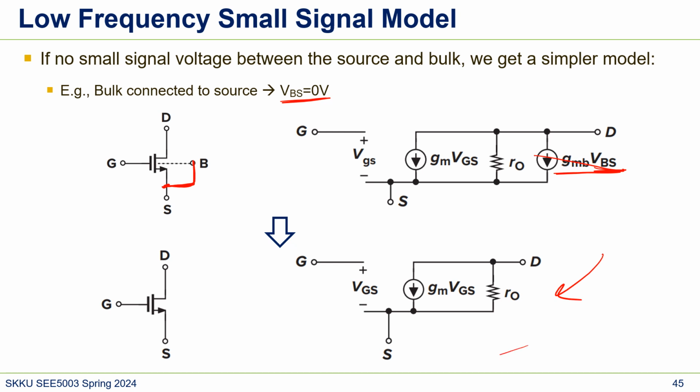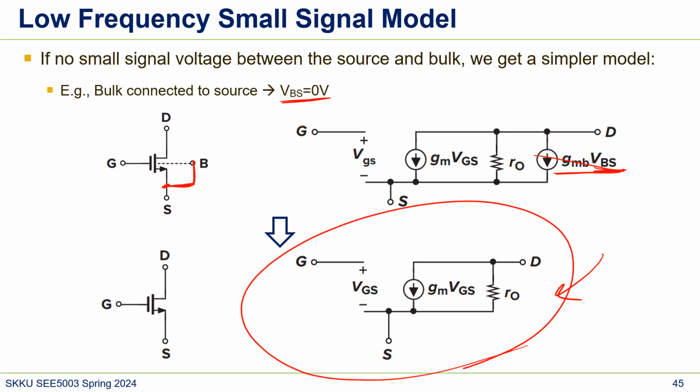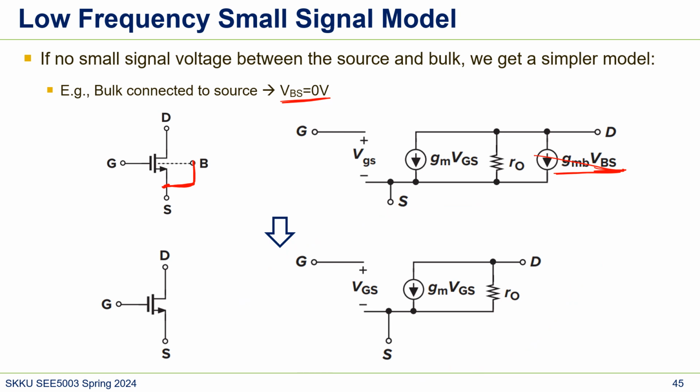I think this is more commonly used. For example, we will learn this in the next lecture, but here we can see the common source amplifier VO. In this case, for this NMOS the bulk is connected to the source, so we don't have VB in there. VBS is 0, so we are ignoring the body effect transconductance.